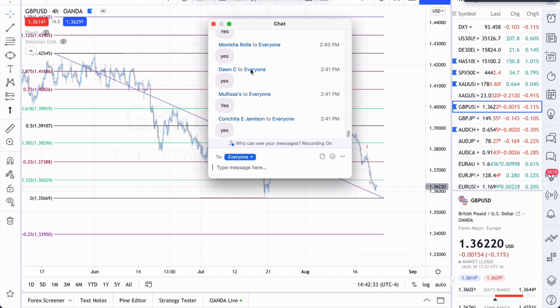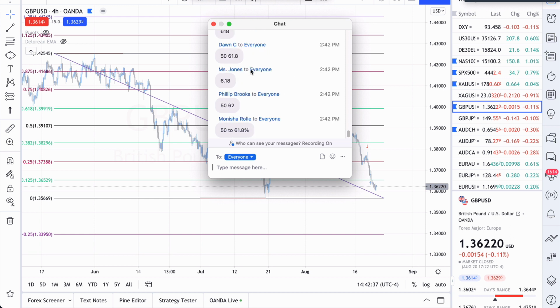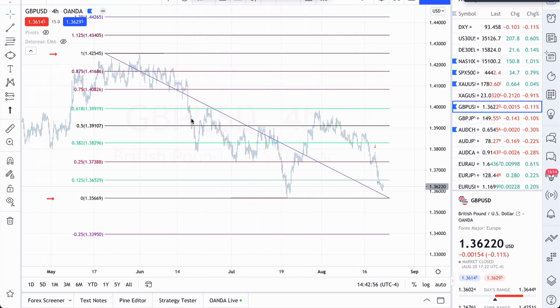Let me see if we're paying attention. Exactly. I said from 50% up to 75%, but the sweet spot for most people is the 61.8. So great job, everybody.